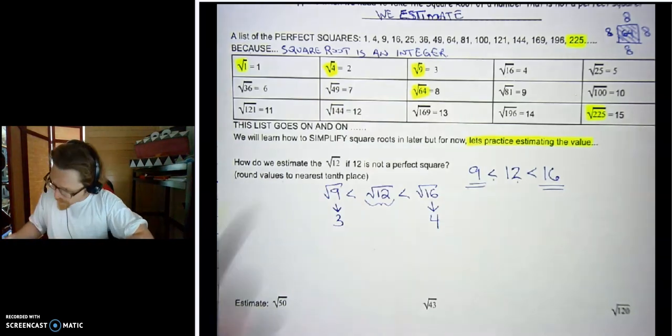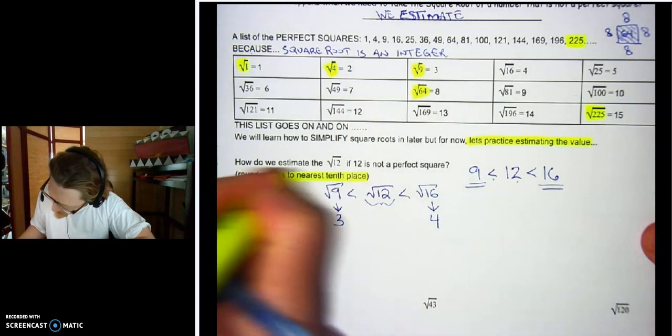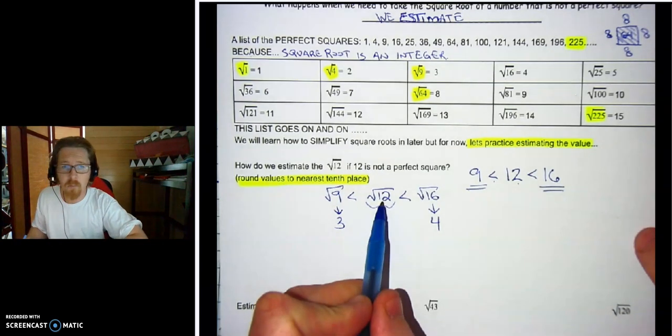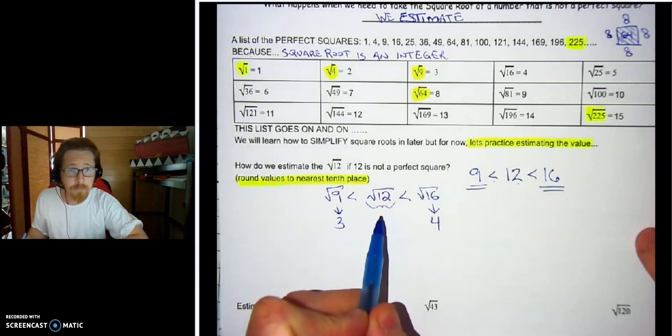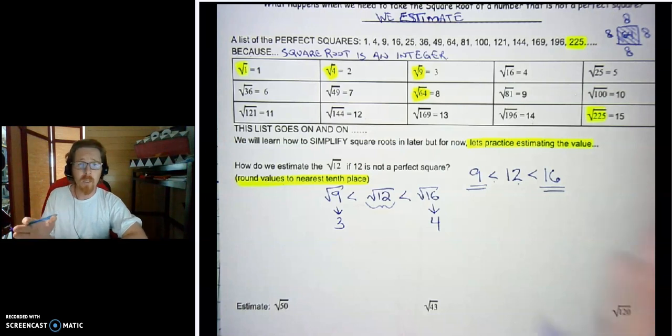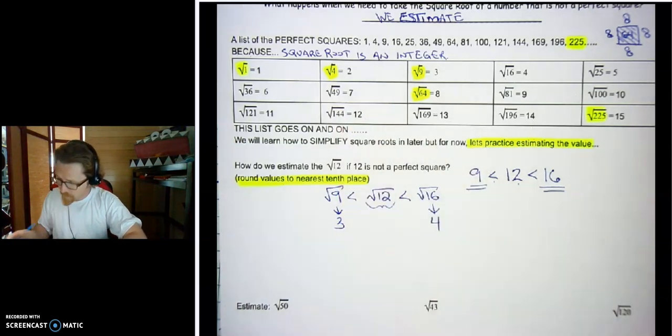Now we want to round our values to the nearest tenths place, which is just one decimal place. So here's how I'm going to estimate 3 point what. I'm going to look at where 12 falls on a number line between 9 and 16.